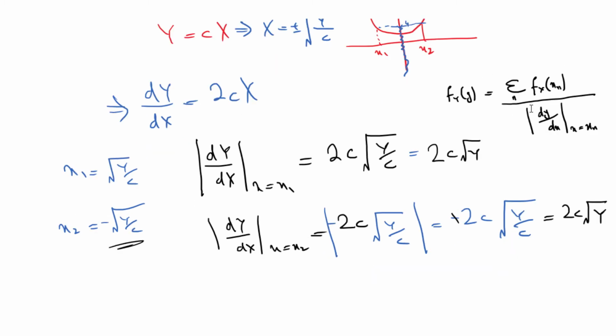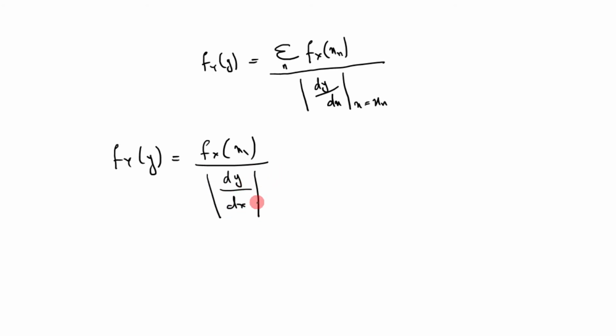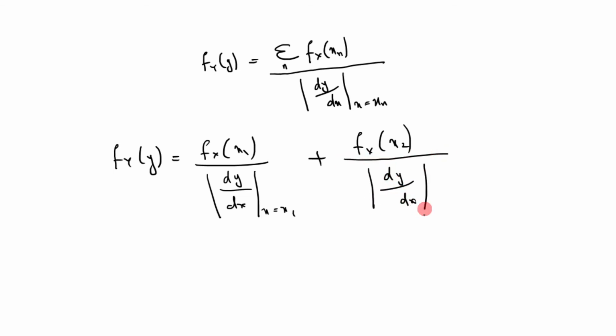Now let us use this expression and put values in it. What we will have is fy of y is equal to fx of x1 over the magnitude of dy over dx evaluated at x is equal to x1, plus fx of x2 divided by the magnitude of dy over dx evaluated at x is equal to x2.